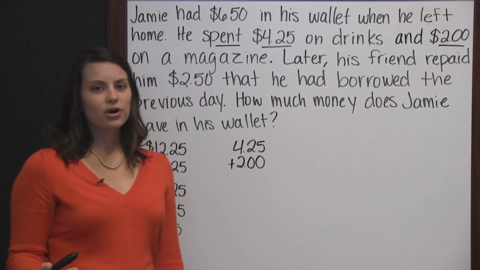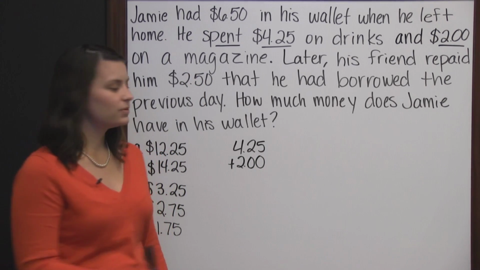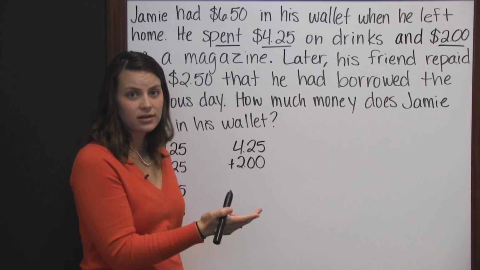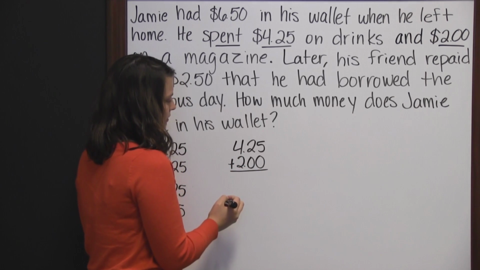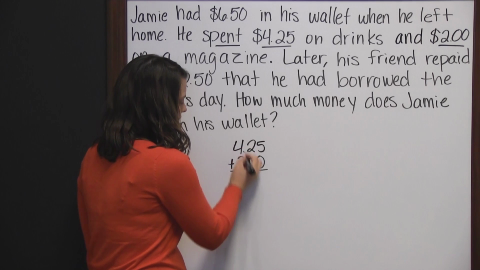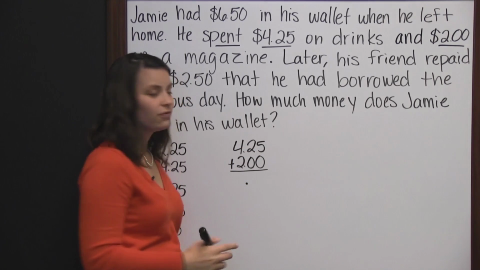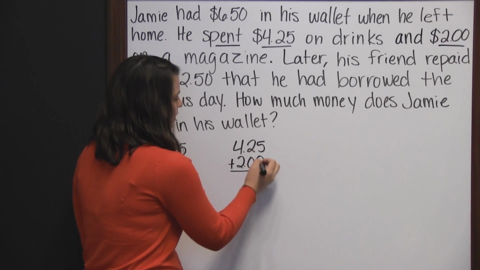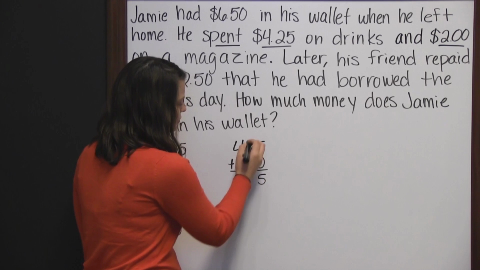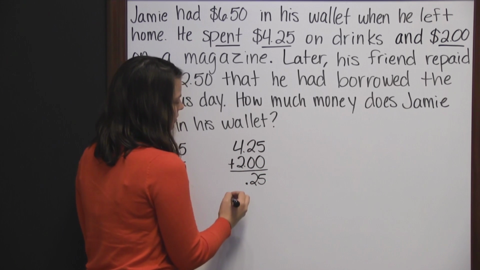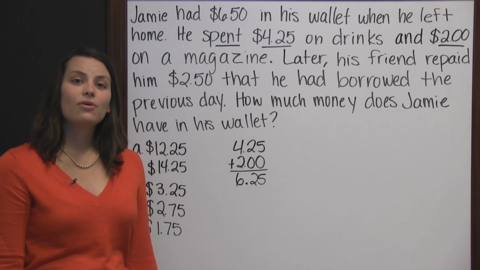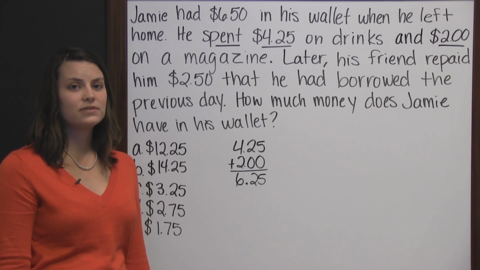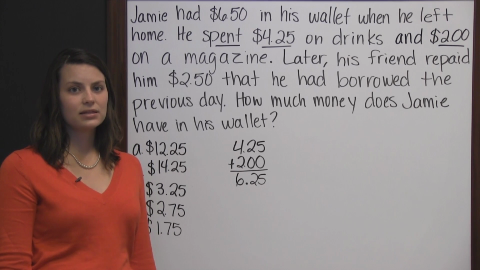And it's very important that whenever you add or subtract numbers with decimals, you line up the decimals. So now I'm ready to add, and I can just bring my decimal down before I even start. 5 plus 0 is 5, 2 plus 0 is 2, 4 plus 2 is 6. So now I know he spent a total of $6.25.